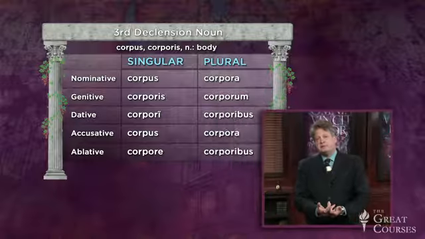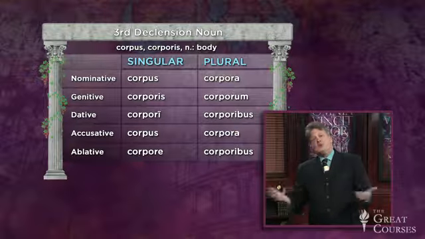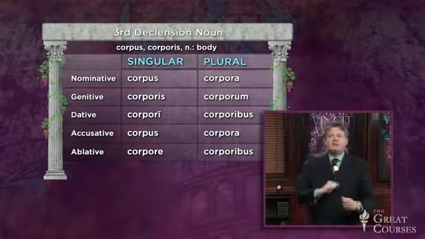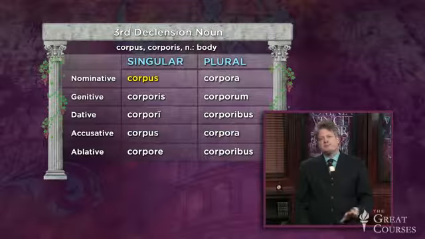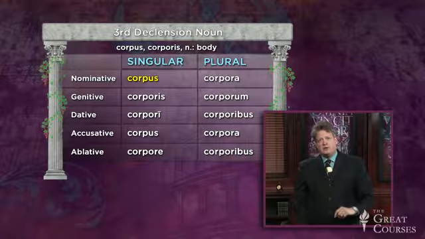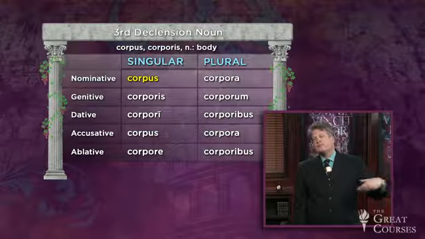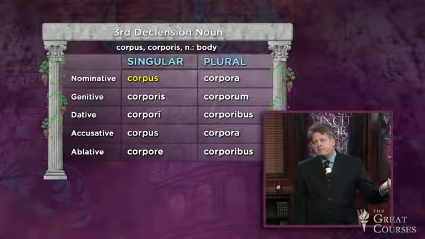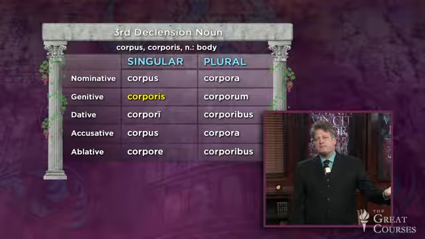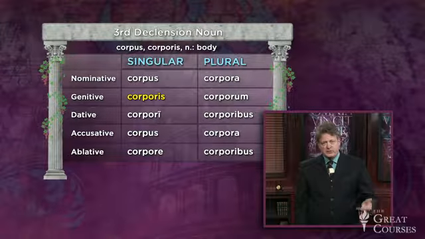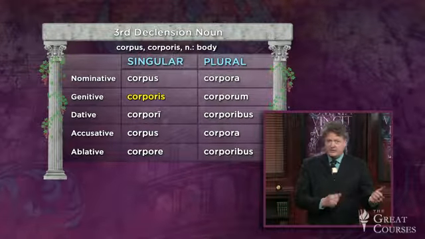Let us decline first the nominative. But we don't need the stem for that, do we? We go back to the original form, corpus. The body, verb, corpus. Genitive, now we need our stem, corpor. Of the body, corporis. I hope you remember to use corpor, especially since I gave you many hints.